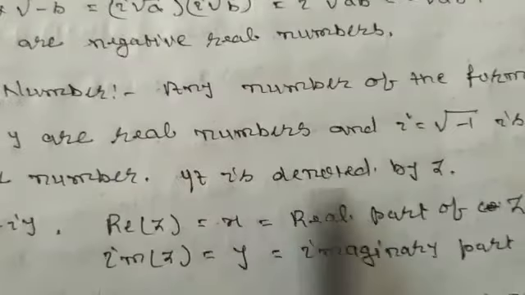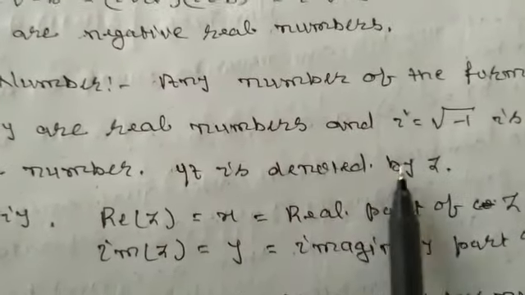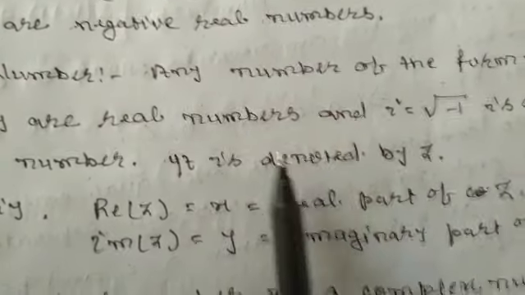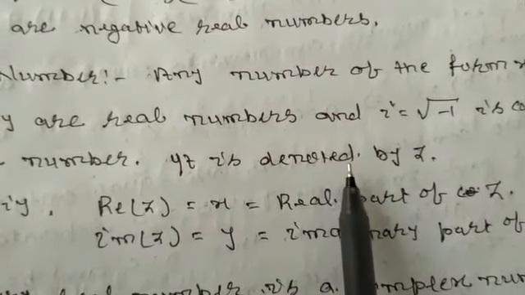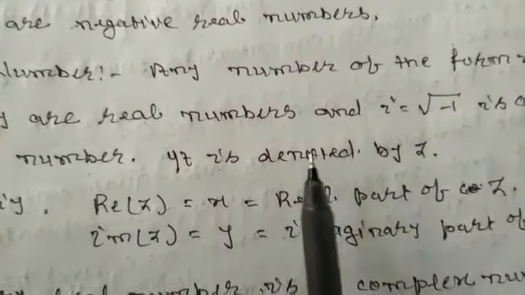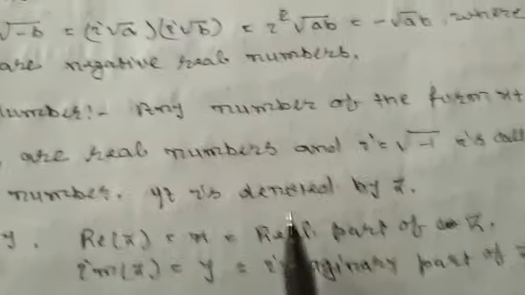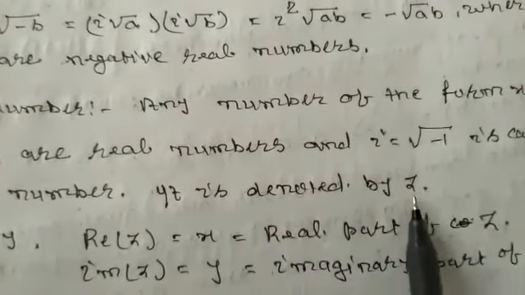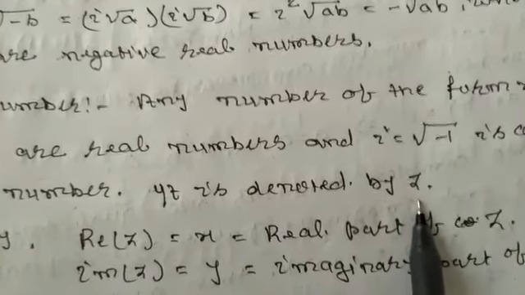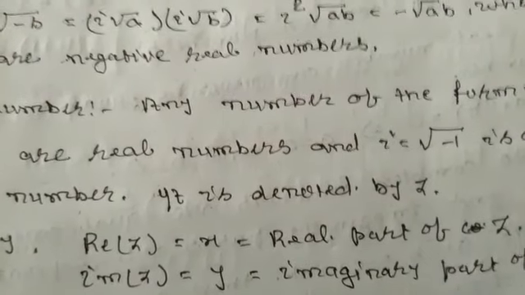It is denoted by z. Or similarly, you may say a complex number is the combination of a real number and an imaginary number. And the symbol of complex number used is z. z denotes the complex number.